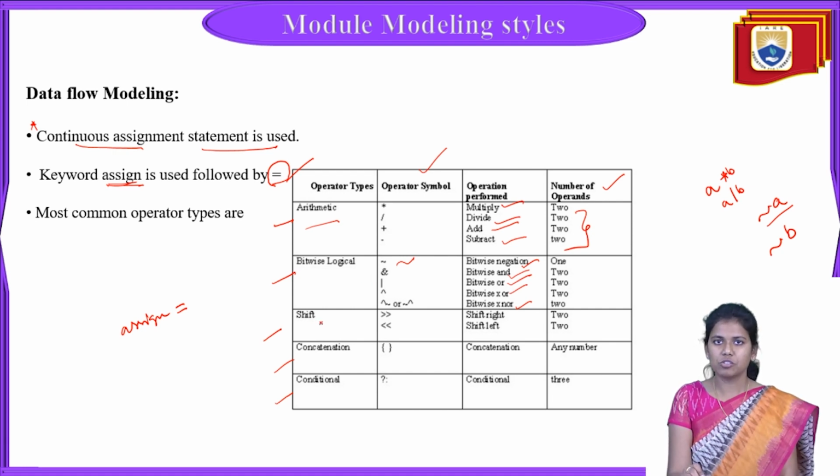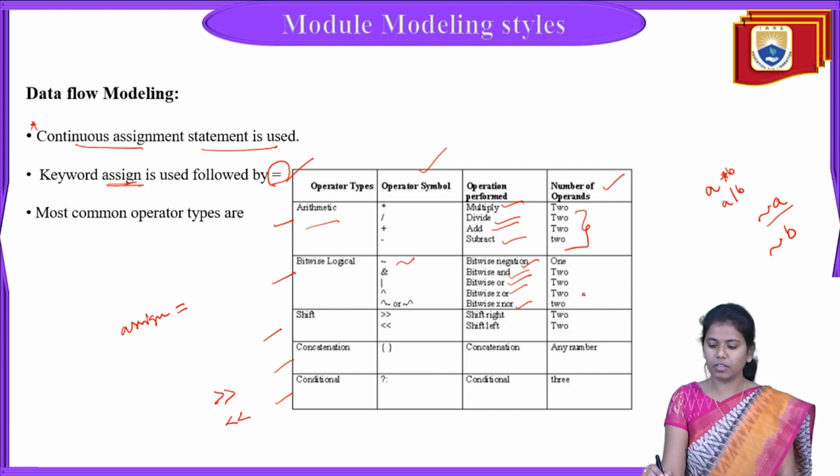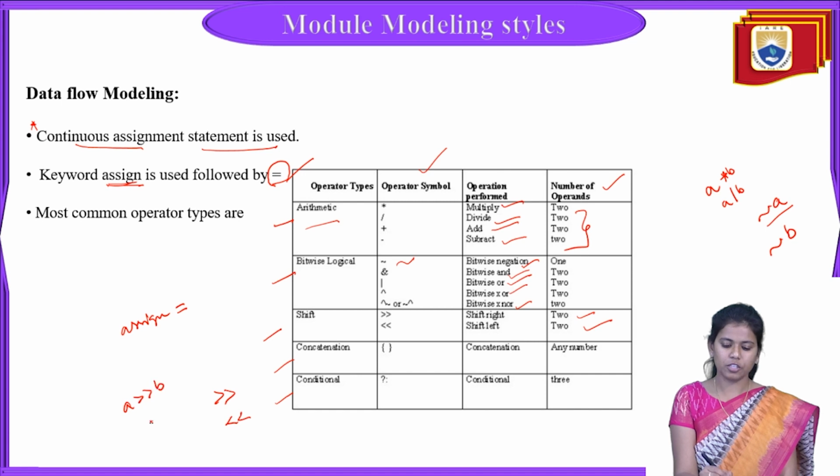And coming to the shift, we have shift right and shift left, and the number of operands needed is 2, that is A shift right B, A shift left B.